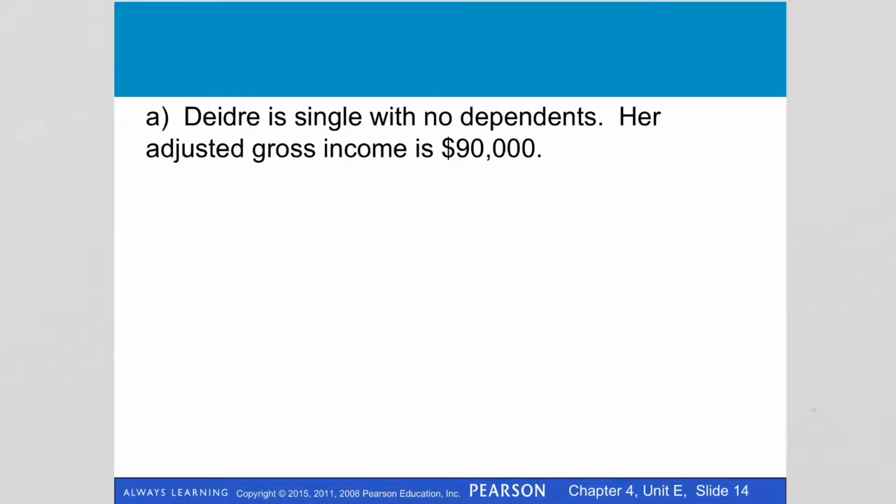So, Deidre is single with no dependents. Her adjusted gross income is $90,000. So, every time we start with the taxable income.